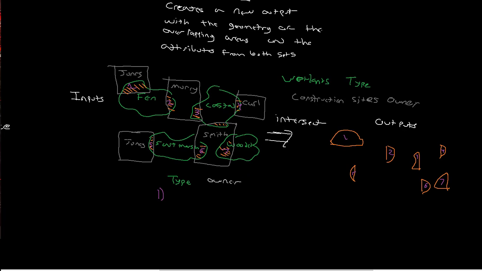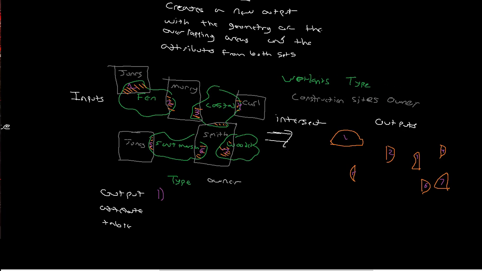This is the output attribute table, which has the same attributes as both of the inputs: a type coming from wetlands, and an owner coming from construction sites.